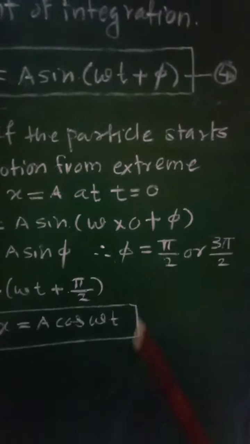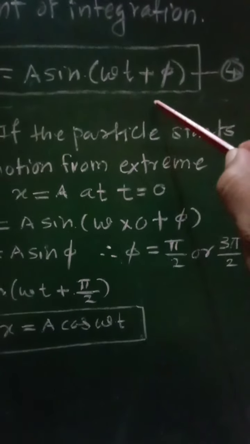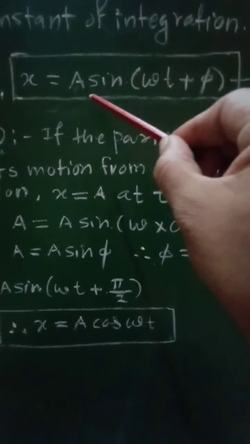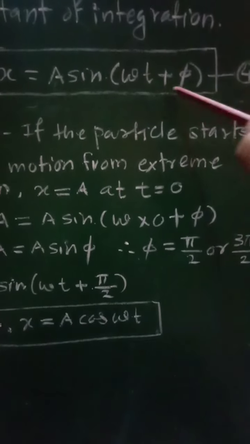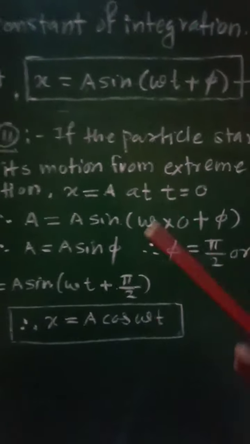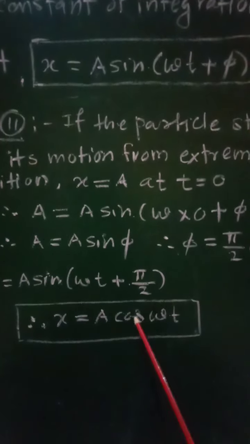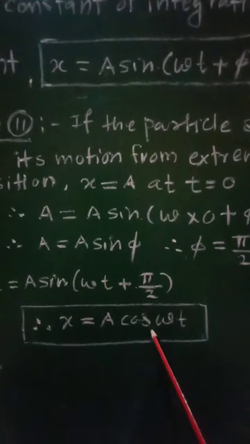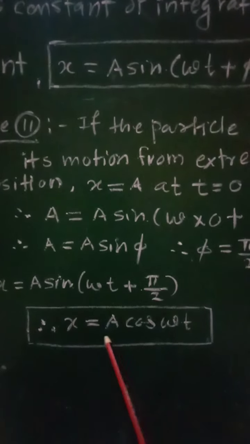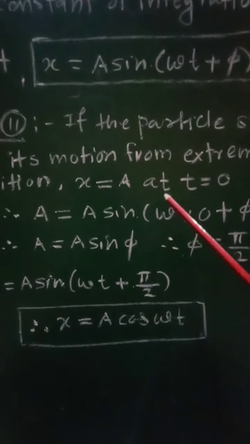Now putting this value of phi in the fourth equation, again we get x is equal to a sin omega t plus pi by 2 or 3 pi by 2, but sin of omega t plus pi by 2 will be equal to cos omega t, and therefore we get displacement x equal to a cos omega t. This equation represents the displacement of the particle when it starts its motion from the extreme position.